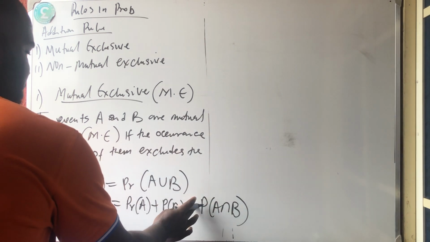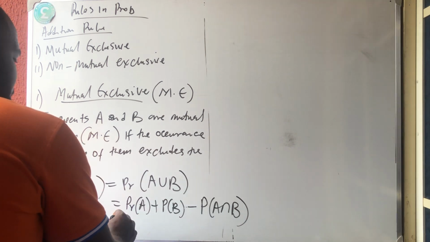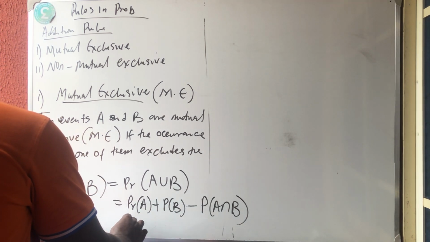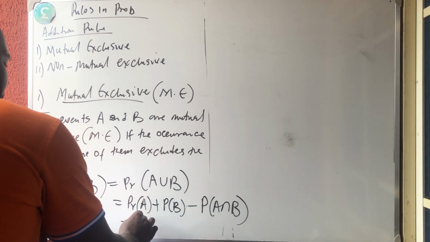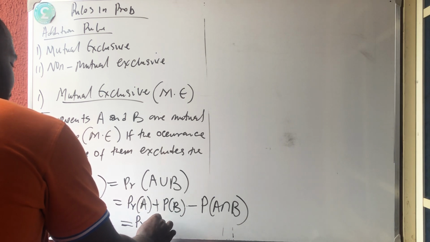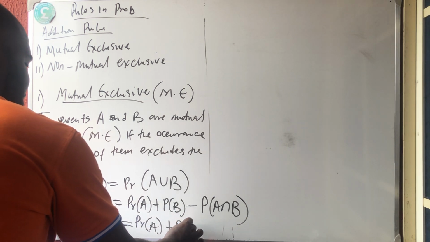A intersection B is empty. They don't have anything in common. So for mutually exclusive, we simply have probability of A plus probability of B.